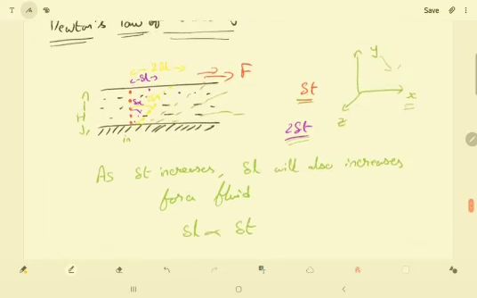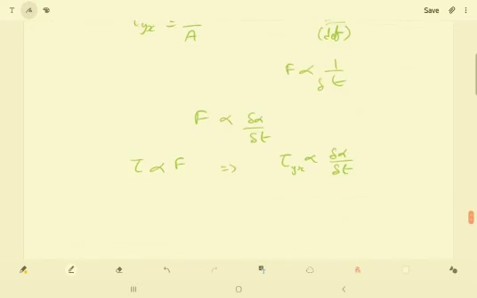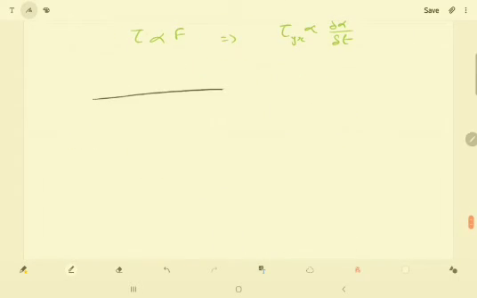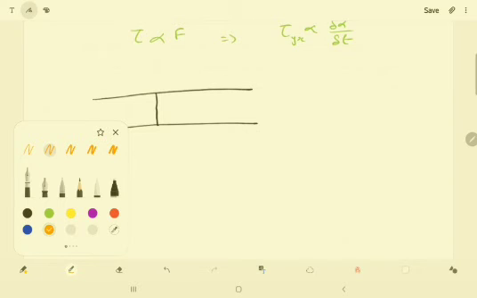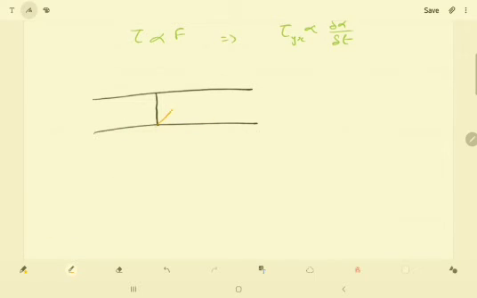Now let us draw the simplified diagram of this. This is the initial condition, and after some deformation over the time delta t, we deform with an angle of delta alpha and with a length of delta L. We are applying some force Fx in this direction.